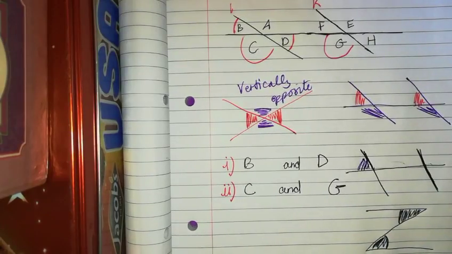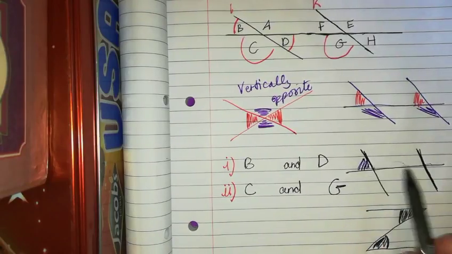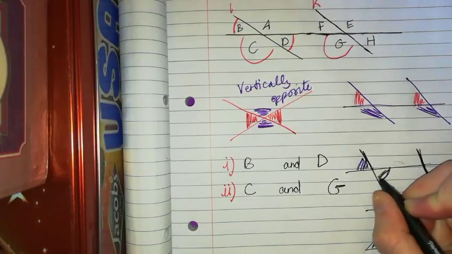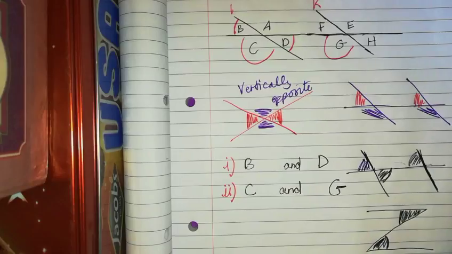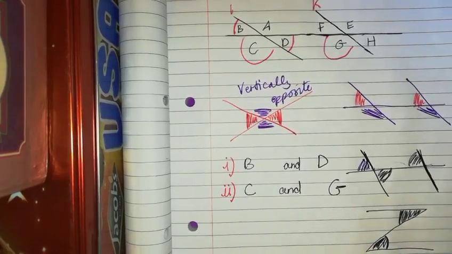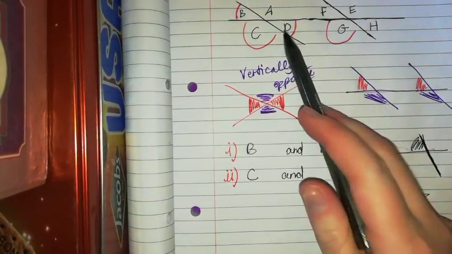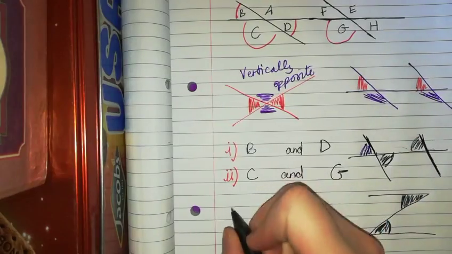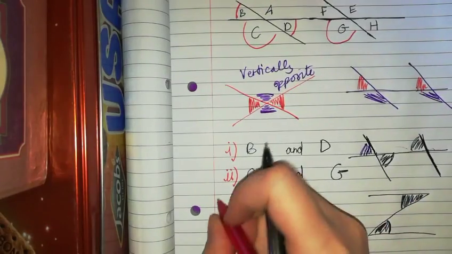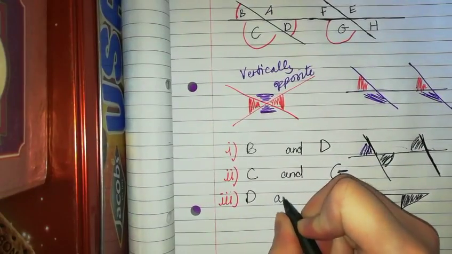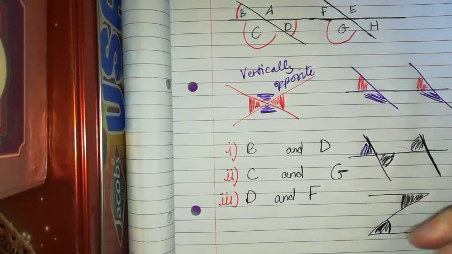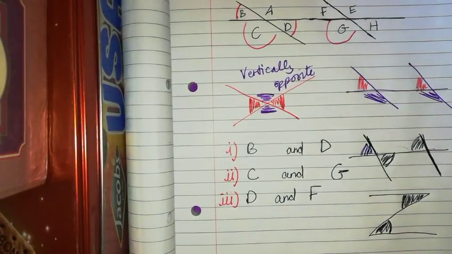If we go with this one here and this one here, these would be alternate angles. So try to think of the Z shape. So I can go with D and F. If I want to pick a pair of alternate angles, I'll go with D and F. Or I could have picked A and G also.